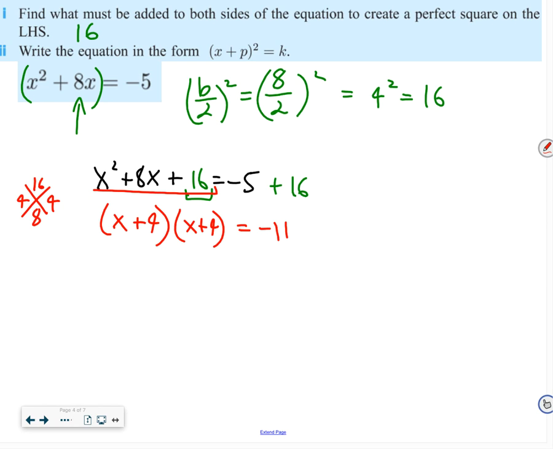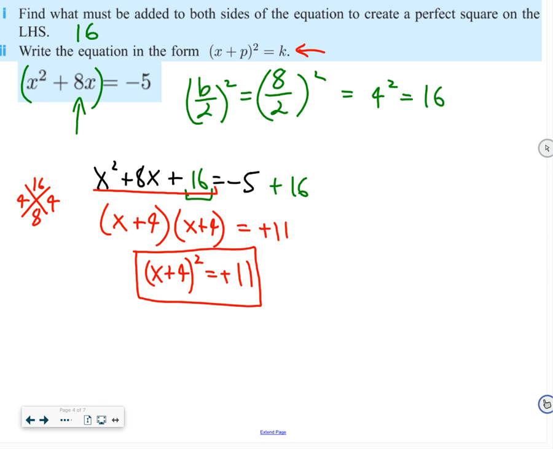Since it's the same thing, I can write it as x plus 4 squared equals negative 11. I'm sorry, this should be positive 11. Now we have written it in this form, x plus p squared equals k.